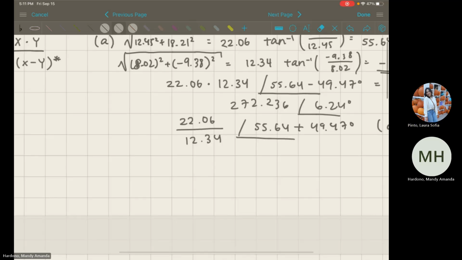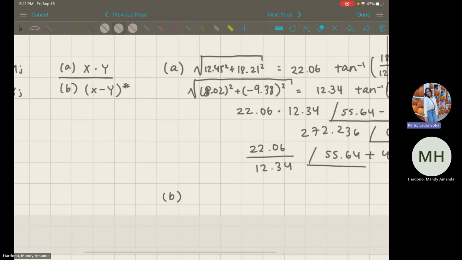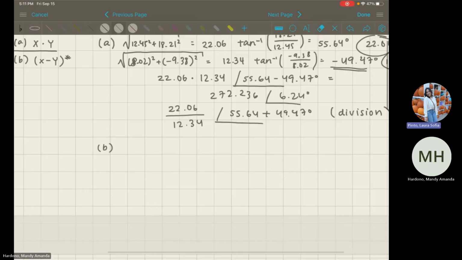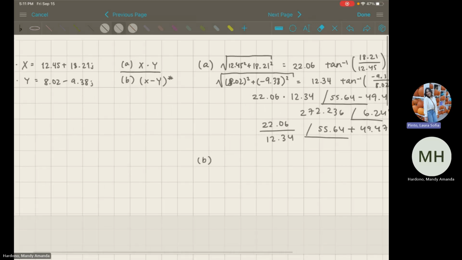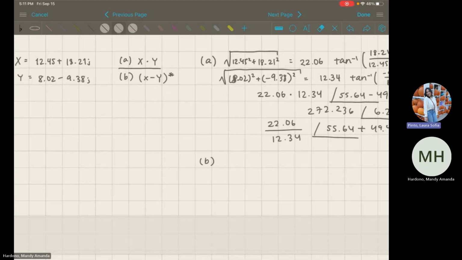Okay. Then we're going to do the complex conjugate of X minus Y, right? So for X minus Y, do we need to convert to polar? What should we do first for this one? How do we subtract X and Y?